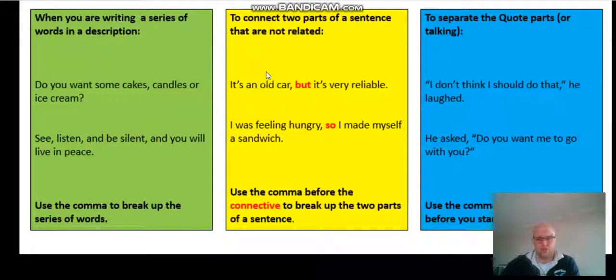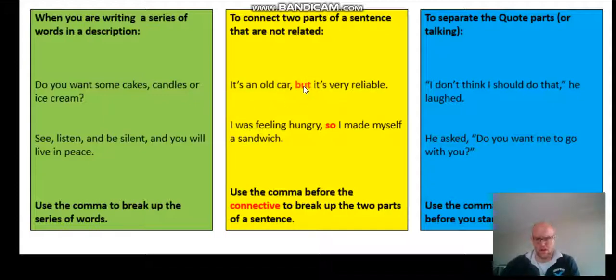So to connect 2 parts of a sentence that are not related. So you've seen this in example, they are kind of related, but the sentence moves in a different direction. And this one here actually does it as well. That's why there's a comma after silent. It's an old car, but it's very reliable.